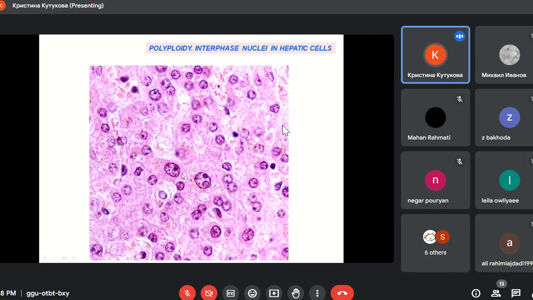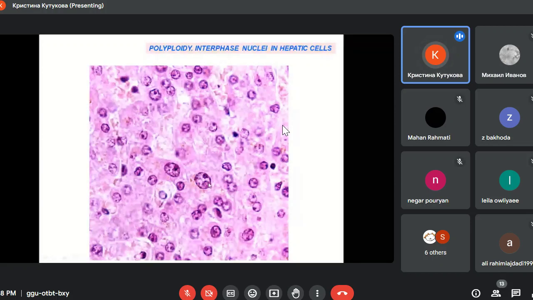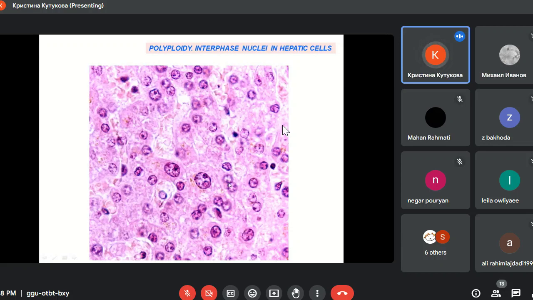For example, the telophase doesn't happen, and we have a cell with a doubled amount of DNA, of chromosomes, in its nucleus, and now it is a tetraploid, not diploid as other cells. And it is needed to increase the functional activity of some cells.